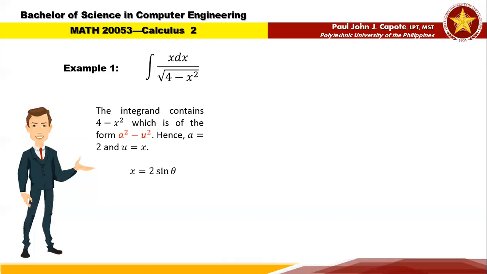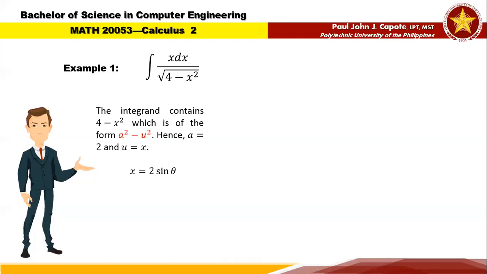Therefore, x is equal to 2 sine theta, or that is u equals a times sine theta. Why? Because our integrand contains the expression a squared minus u squared.